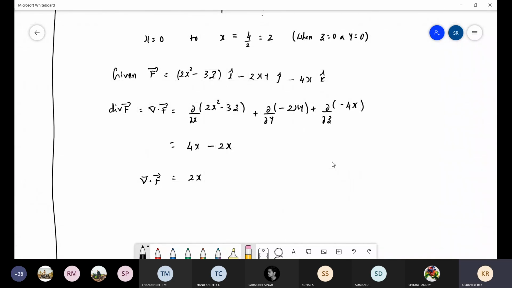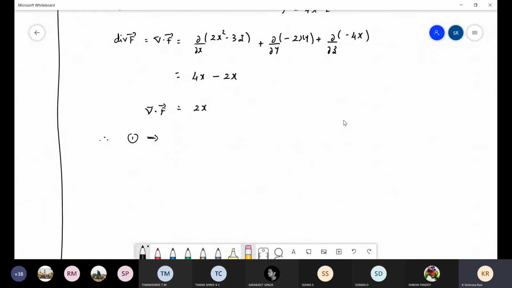Therefore, double integral over the surface of f dot n cap ds equals triple integral over the volume of div f dv. Now substitute the limits in the triple integral.